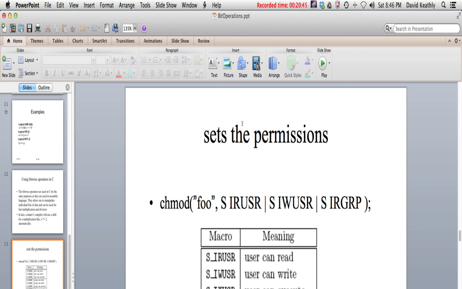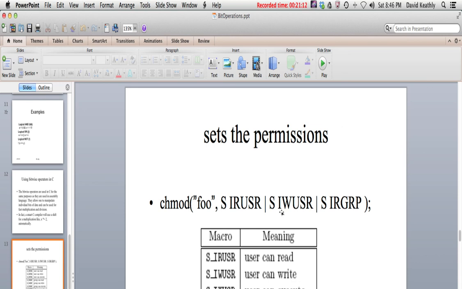So this is saying S_IRUSR says the user can read, and then the S_IWUSR says the user can write, and then this one says the group with IR, so the group can read. So this would be giving read and write privileges, or a 6, to the owner, and read privileges to the group, which would be a 4.